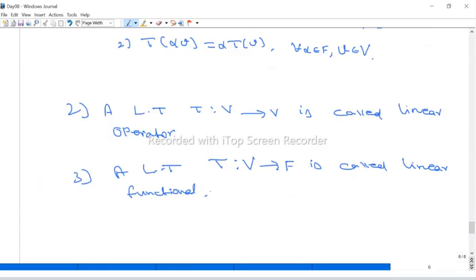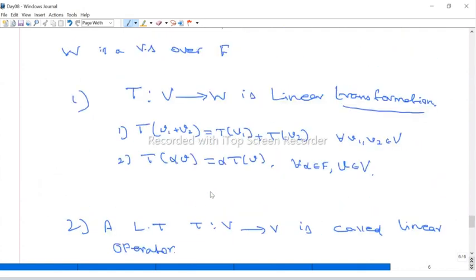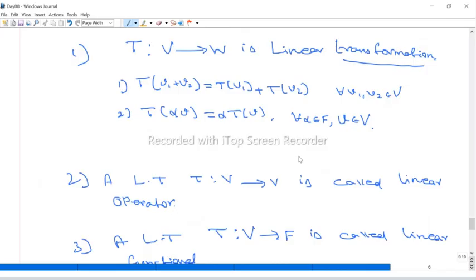So everything is a linear transformation; the only difference is the codomain. If the domain and codomain are the same vector space, it is a linear operator. If the codomain is a field, then it's a linear functional. If the domain and codomain are different vector spaces, we say it's a linear transformation. So we have to differentiate these names: linear operator, linear transformation, linear functional.